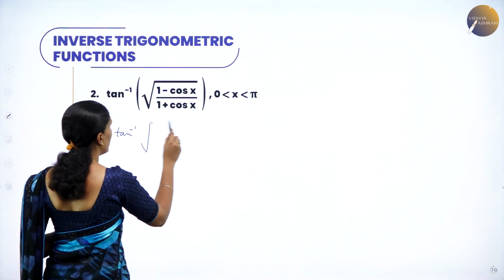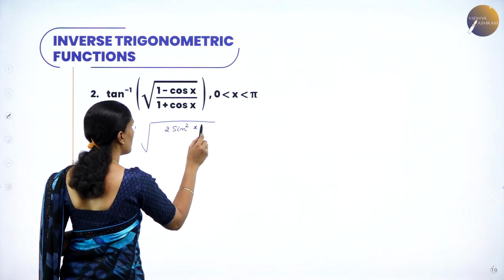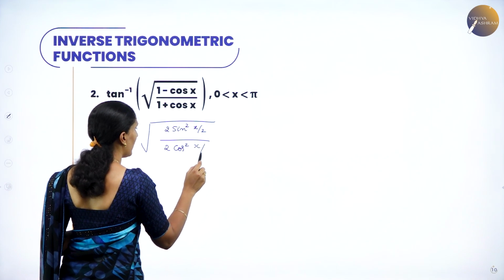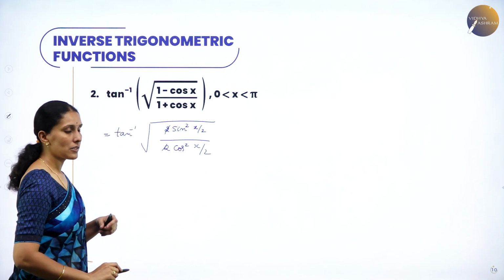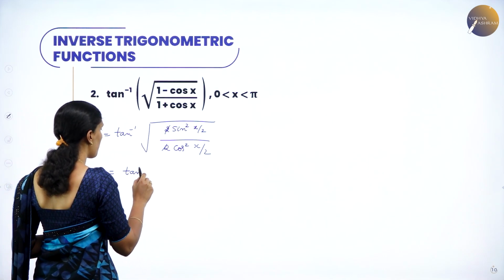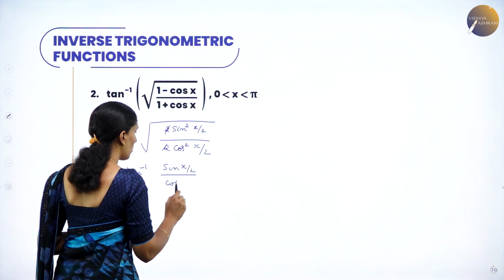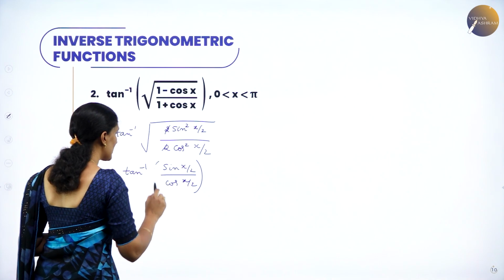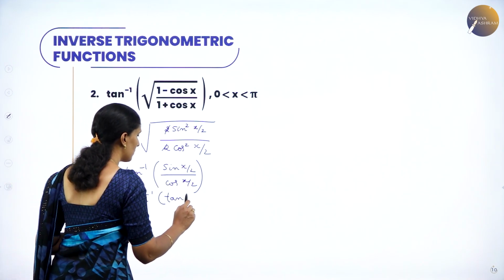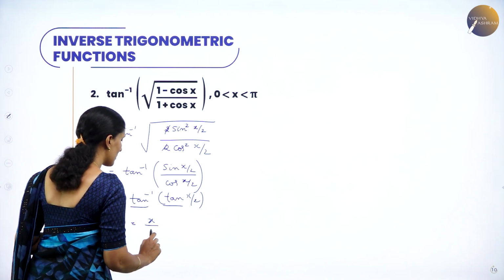So instead of 1 minus cos x, I'll write 2 sin square x by 2, and here I'll write 2 cos square x by 2. 2 and 2 get cancelled, so both are square here. Under the square root, it becomes sin x by 2 divided by cos x by 2. And sin by cos can be written as tan x by 2. So therefore, tan inverse of tan is x by 2.